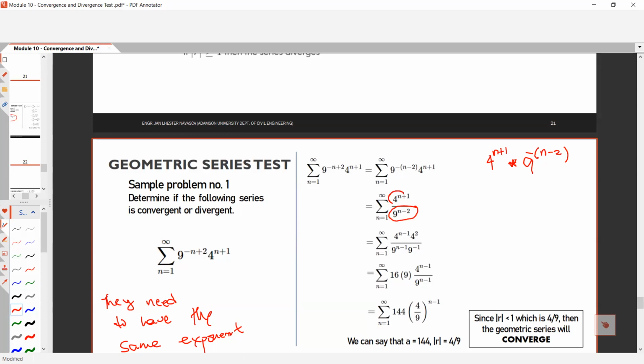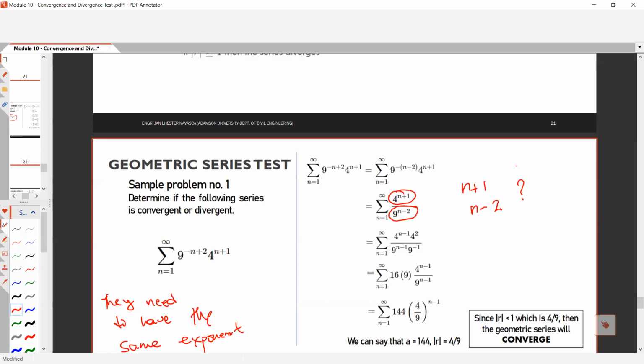That is what happened, class. Since you now have 4 raised to n plus 1 over 9 raised to n minus 2, you need to come up with the same exponent so you can combine them. What do you do with the n plus 1 and the n minus 2?